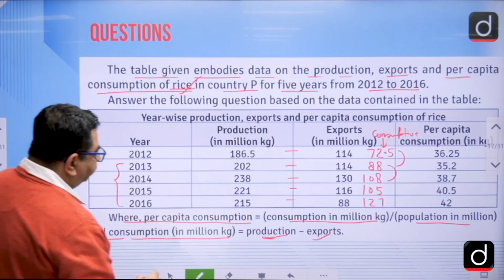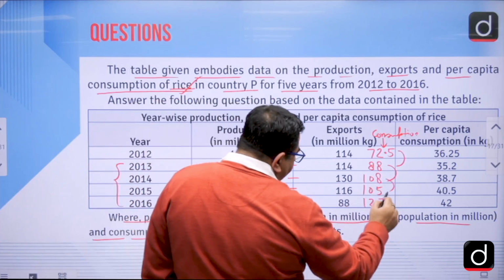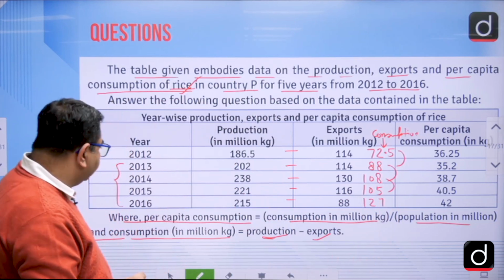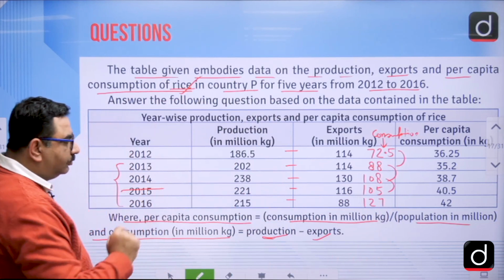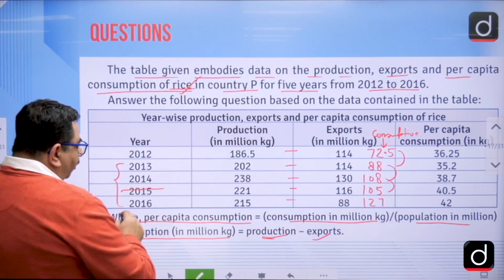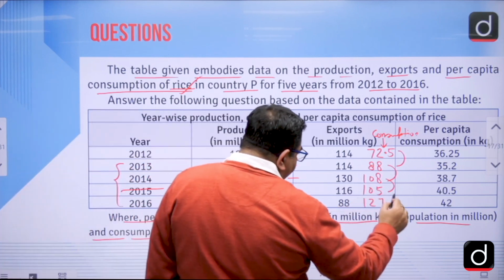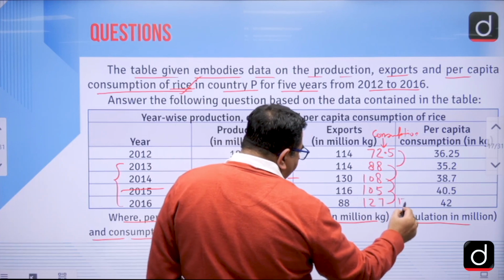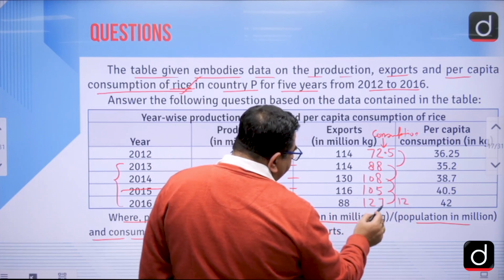Then in the next year, we can see there is a percentage decrease, not an increase, so there is no need to consider 2015. Now in 2016, the increase is 12 on 105.